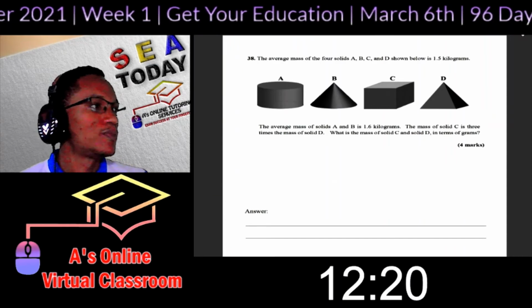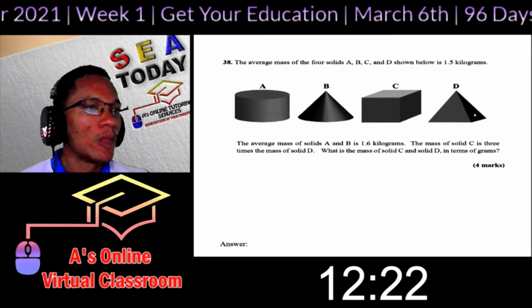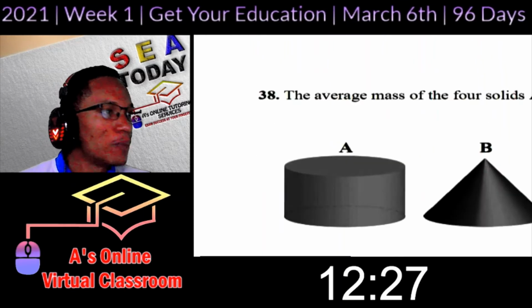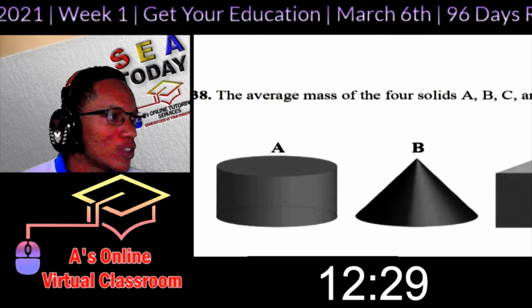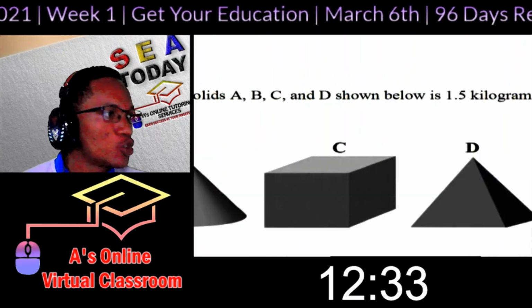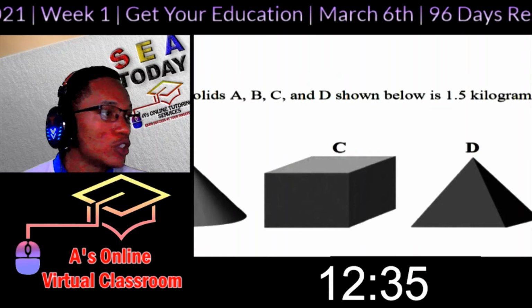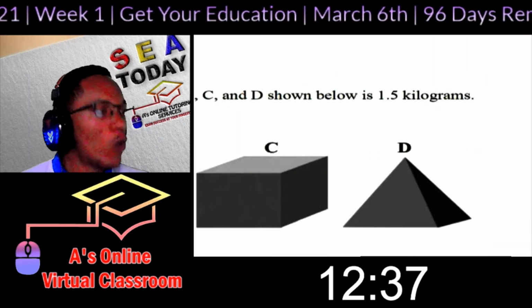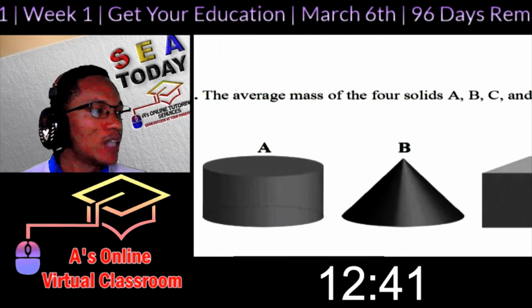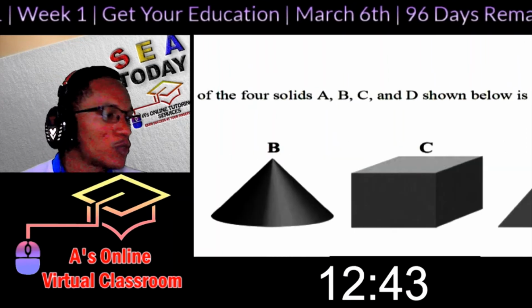So let's read up. It says the average mass of the 4 solids A, B, C and D shown below is 1.5 kilograms. So they gave us the average of all of these 4 solids here.